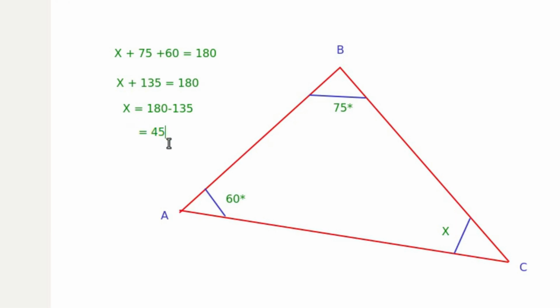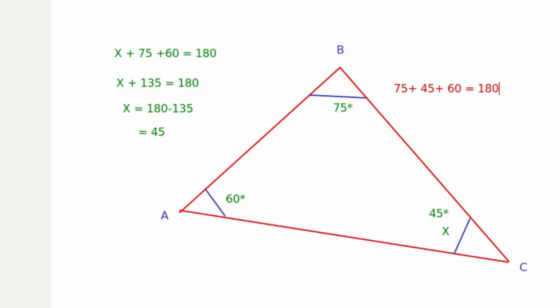So X is equal to 45. So here it is 45 degrees. Measures of three angles of a triangle always add up to 180. So this is the easiest way to find the measure of a missing angle of a triangle.